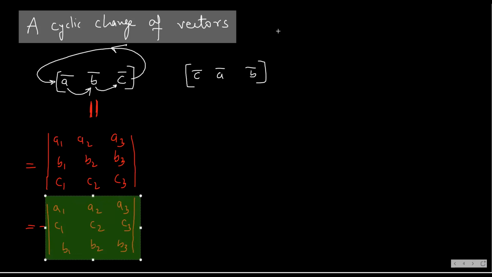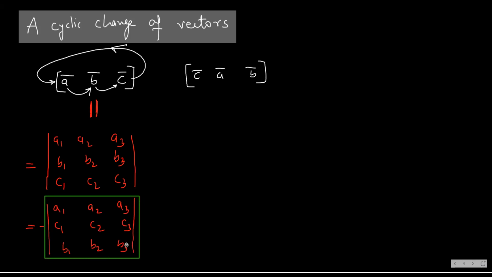Now let me focus on this determinant only. For the time being, just ignore that negative sign and focus on this determinant. In this determinant now, I'm going to interchange R1 with R2.